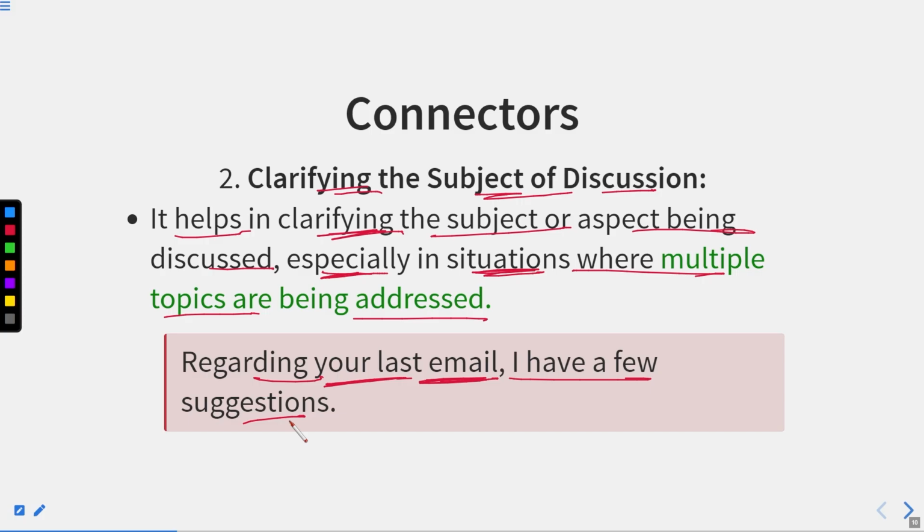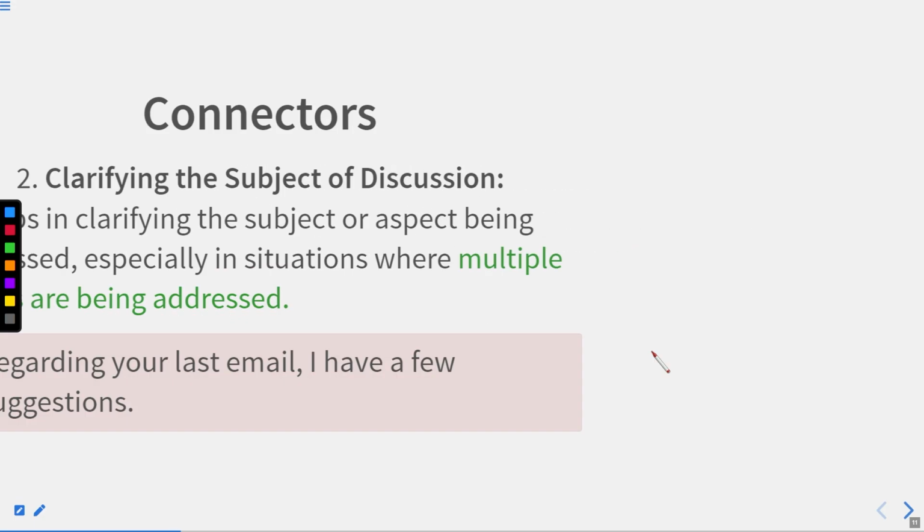So this regarding shows that whatever you are saying is relevant to the last mail. With this word regarding, you have made clear that you are talking about the last mail. Okay.